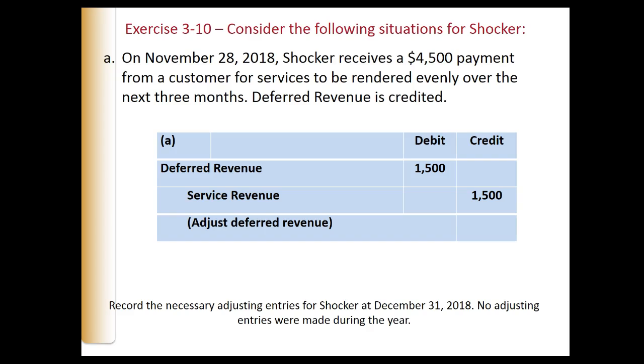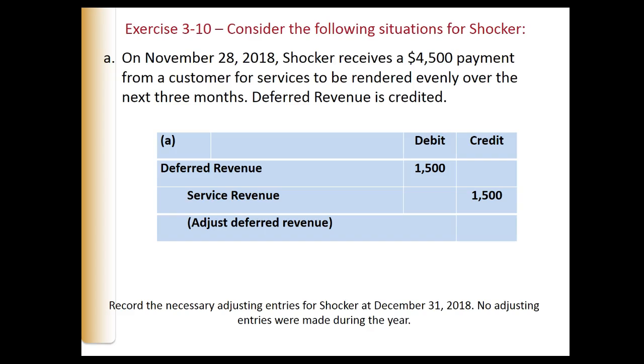Well, now December 31st is here, and we need to record that in fact 1/3 of that $4,500 has been earned. So in order to do that, we are going to reduce our liability. To reduce a liability, we debit it, because a normal liability account has a credit balance.